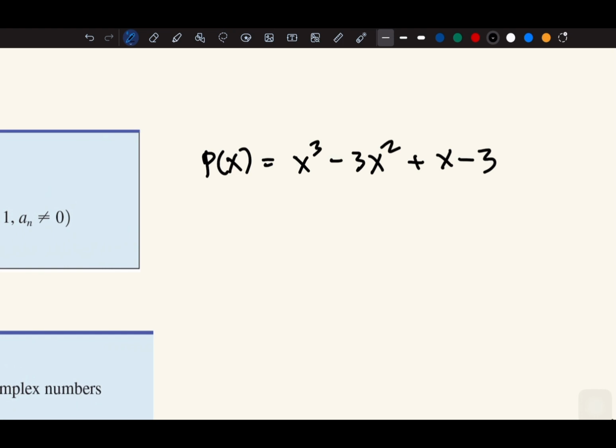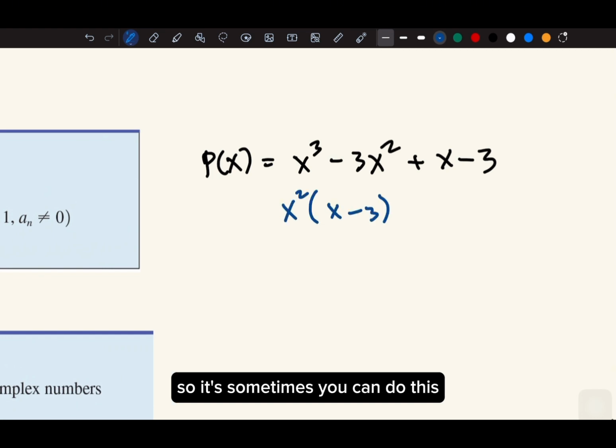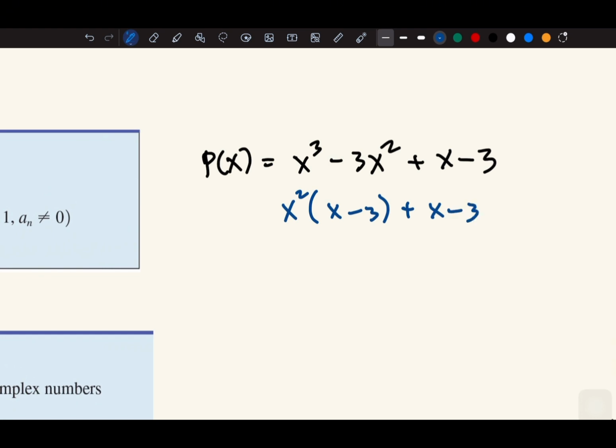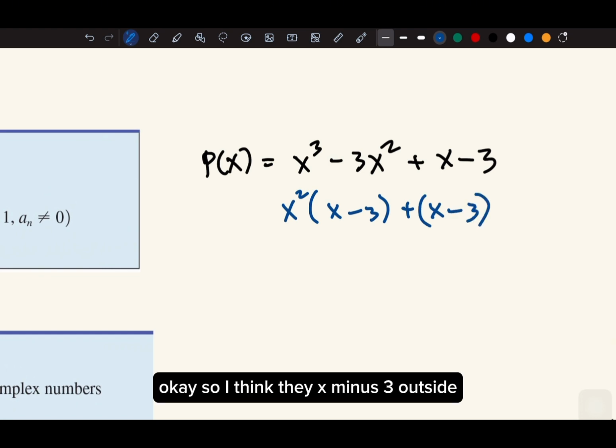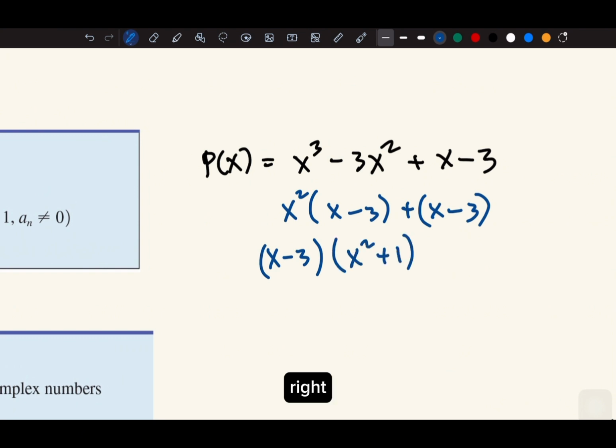So we can do this actually. Very interesting. So sometimes you can do this. Okay, so I take x minus 3 outside. This will be x squared plus 1, right?